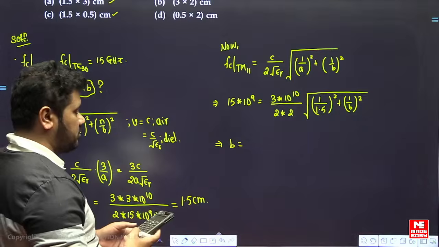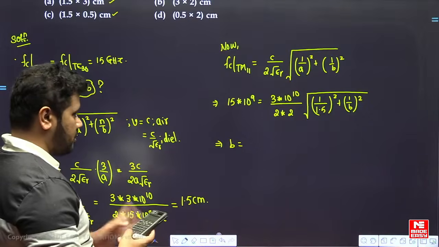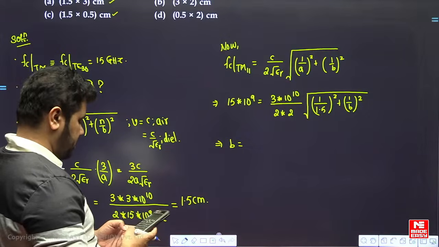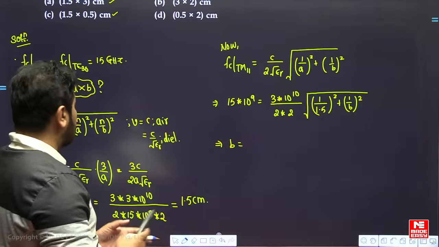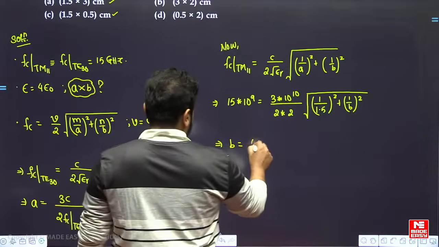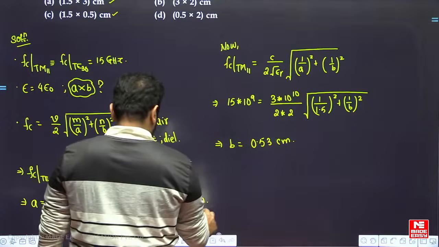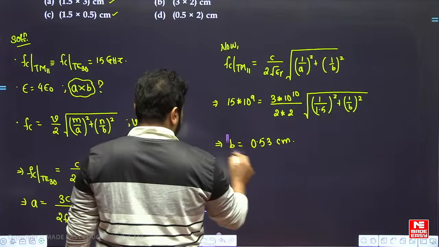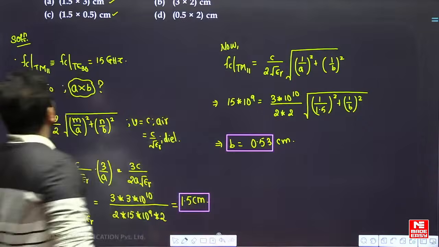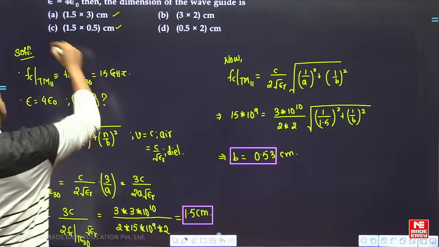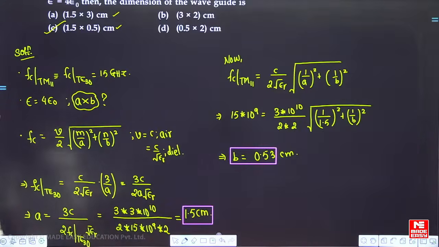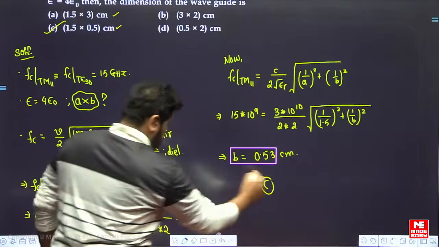So we get 1 by B square, then take the root of the answer. So 1 divided by the answer, B is coming to be 0.53 centimeter, right. So A we have got and B we have got. So obviously option C is the correct answer.